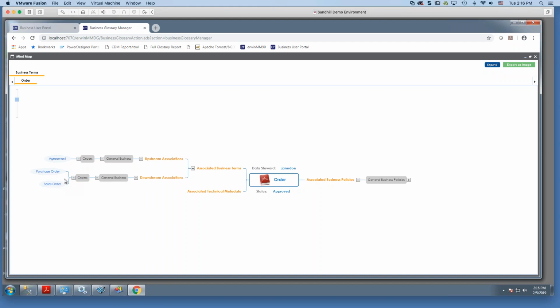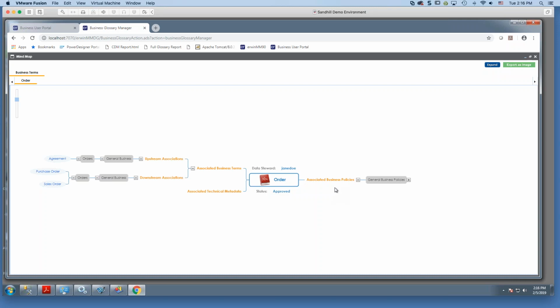Now, these two things are very different in the business world, in that a purchase order is money going out of the business and a sales order is money coming into the business. But I can see that they're all related back to this idea of an order. So that shows me the upstream and downstream analysis of this order.